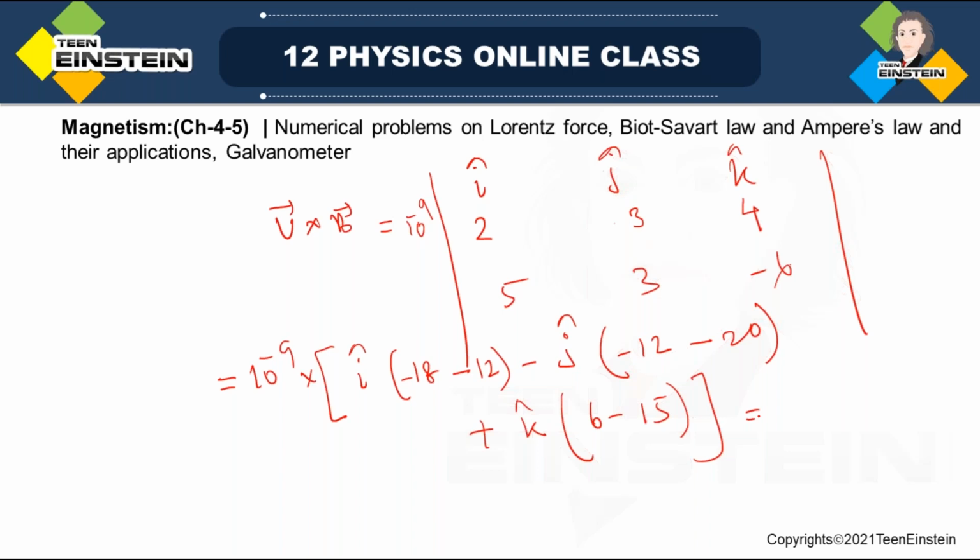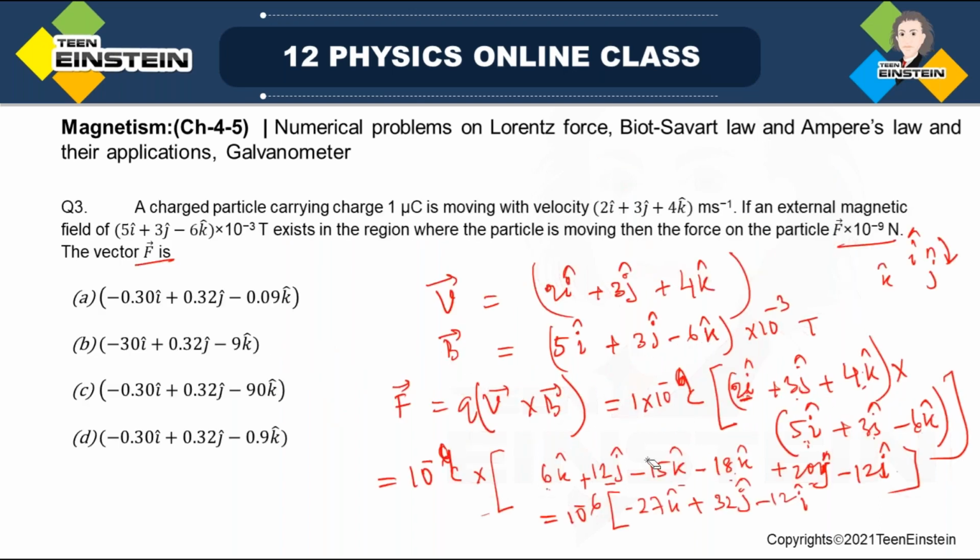Now if you do the simplification, this will give you minus 30 i cap. With j you'll get plus 32 j cap, and with k you'll get minus 9 k cap. Okay, so look now at the options.